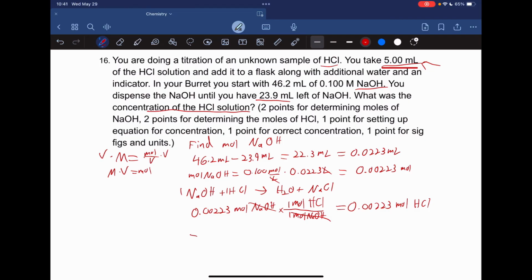So the concentration is going to equal moles divided by volume. So we're going to take our 0.00223 moles of HCl and divide by our volume, which was 0.005 liters. Notice I already took those milliliters and turned it into liters.